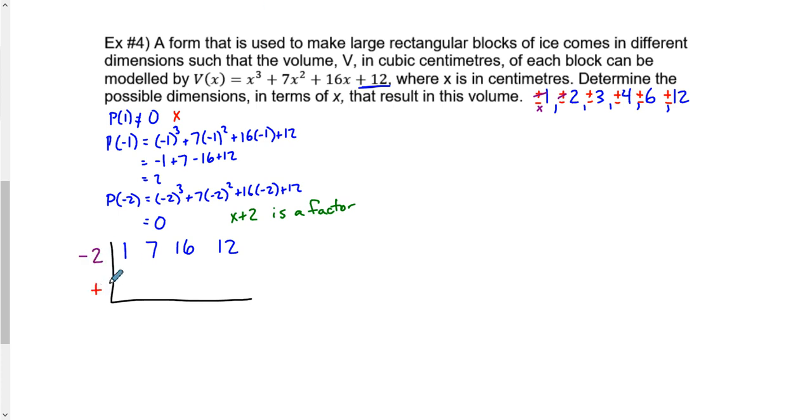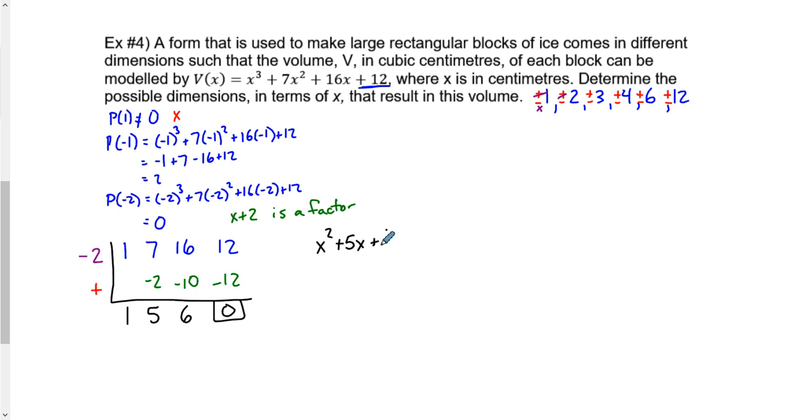I'm going to make sure I add things down and bring down my 1, write my negative 2, 5, negative 10 with that multiplication, positive 6, negative 12, remainder of 0. Well, since we started with an x cubed, this would be an x squared.